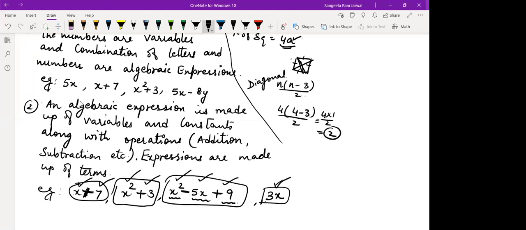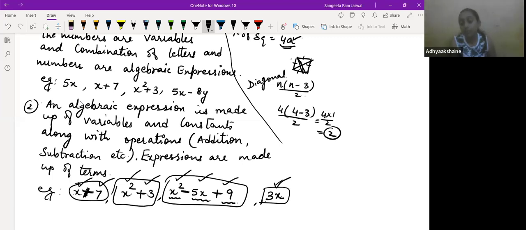You will not say that these are two terms because there is no plus or minus sign in between these two. Understood? Okay.